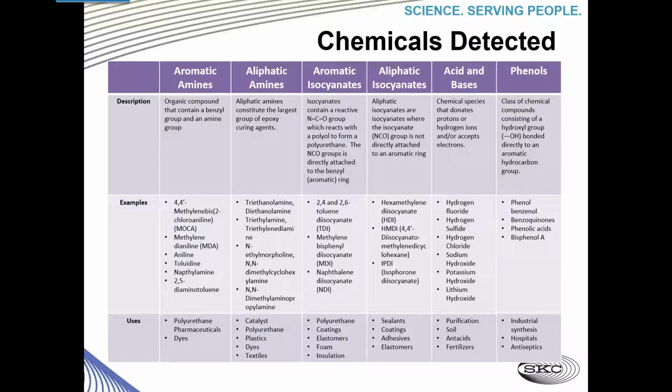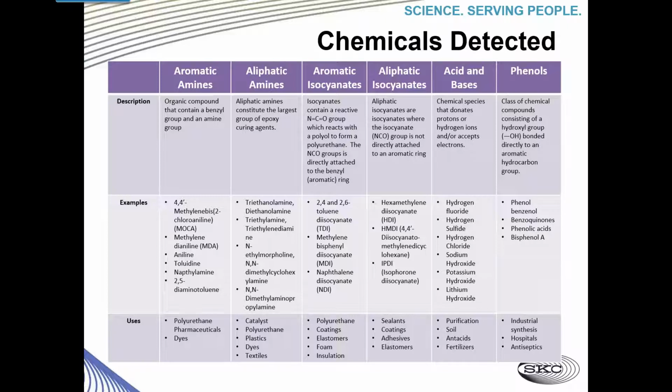As I said, they're used in polyurethanes, in pharmaceuticals, and dyes. The aliphatic amines also have an amine group. The only difference is that if you see aliphatic, it's because it doesn't have that benzyl group in its molecular structure. So those are the examples of them, and also the uses.